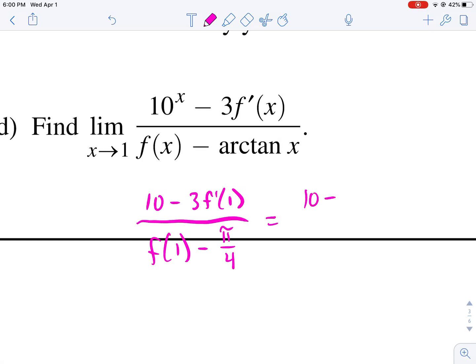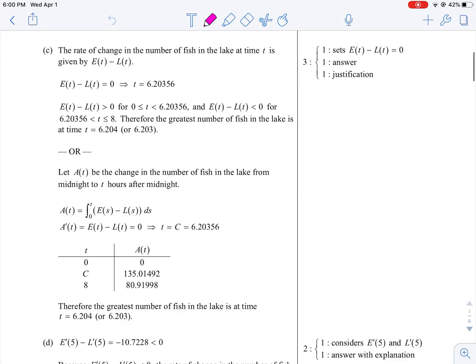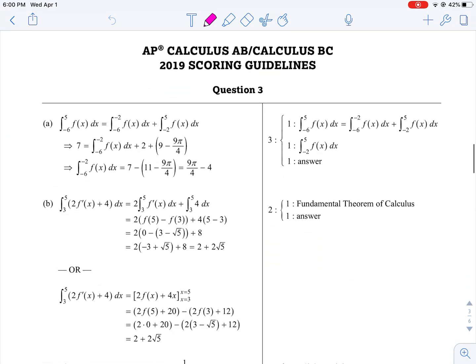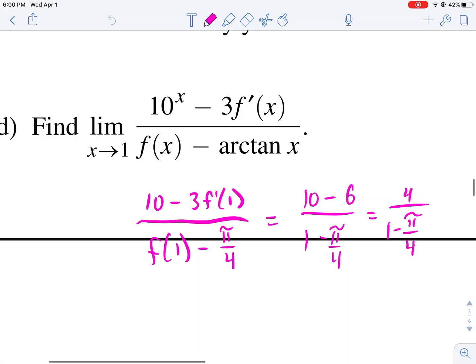So this just gives us 10 minus 6 over 1 minus pi over 4, which is just 4 over 1 minus pi over 4. And I believe the rubric allowed that answer to be written like that. 4 over 1 minus pi over 4. Okay, so you don't even have to simplify that answer.